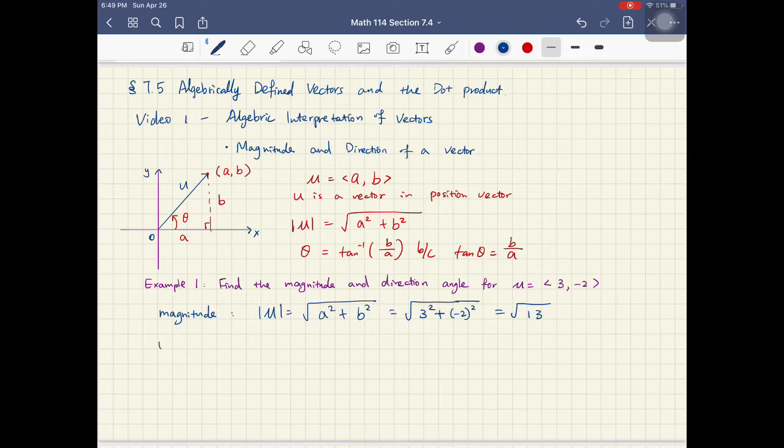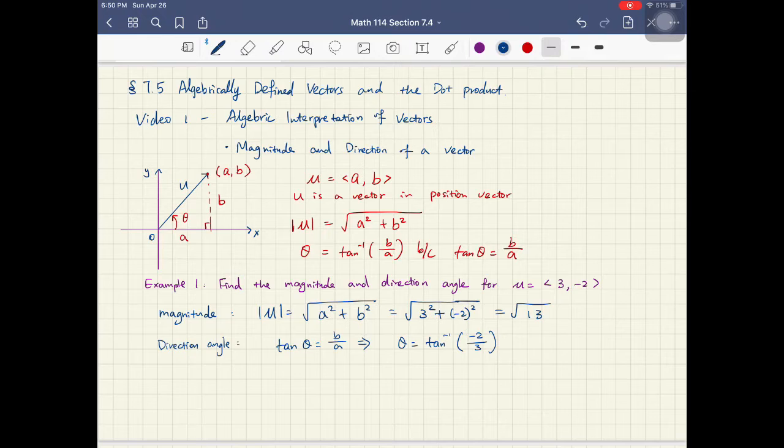Now we can find the direction angle. Tangent of theta equals b over a. So that means theta equals tangent inverse of b over a, which is -2 over 3.